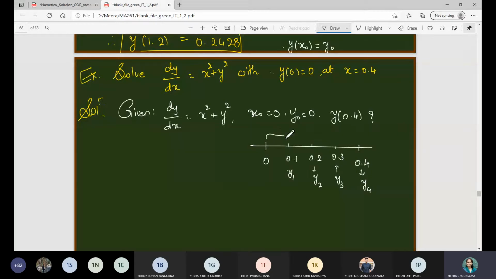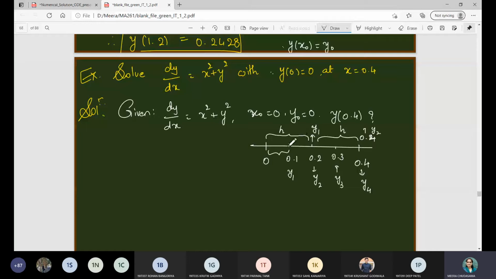Another one is to consider step size as 0.2. Then at 0.2 the first approximation will be y1, and the second approximation will give you the answer at 0.4, which will be y2. As you decrease the step size, the better and better approximation you will get, right?